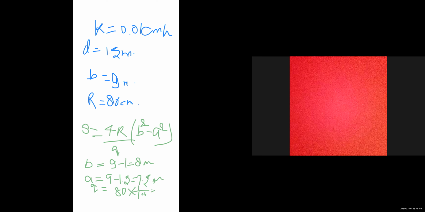So we have to find the value of S. So with the help of formula S equal to 4K divided by Q into B square minus A square, we can find the value of S. So put the value of A and B and Q. K is also given 0.01 centimeter per hour, and calculate the value of S.